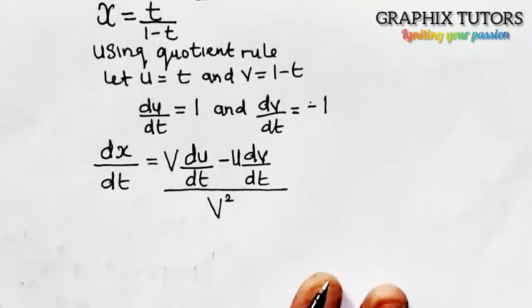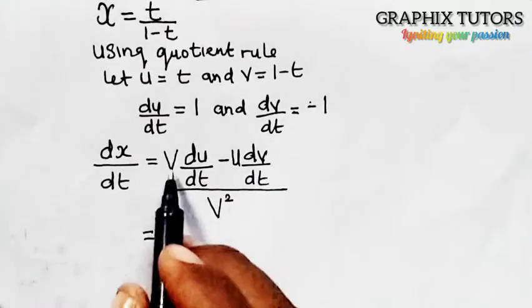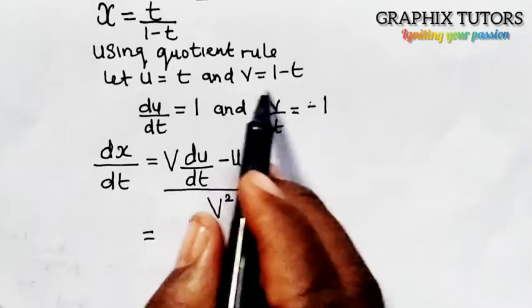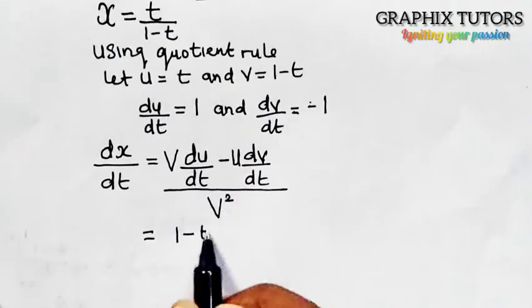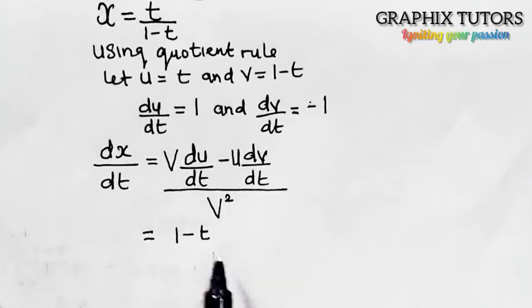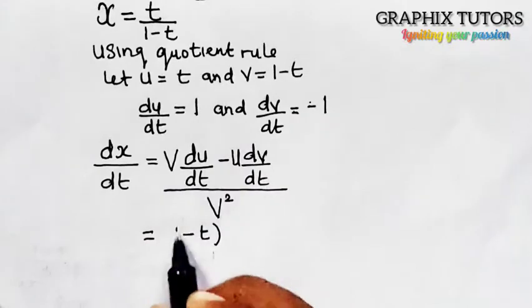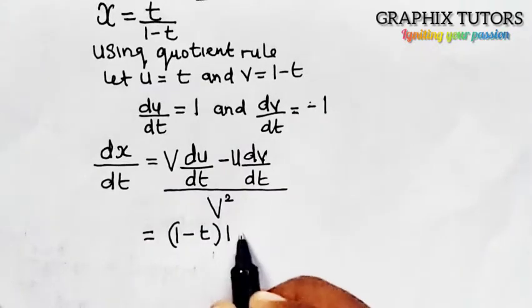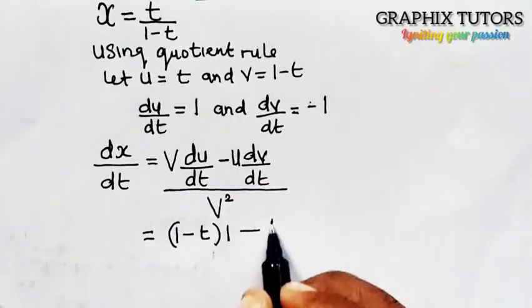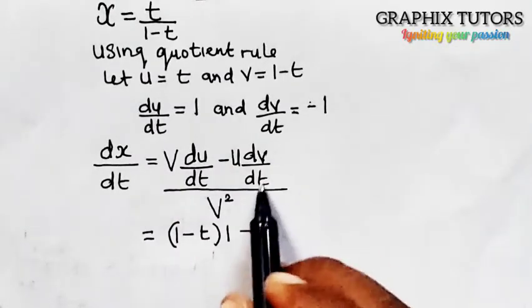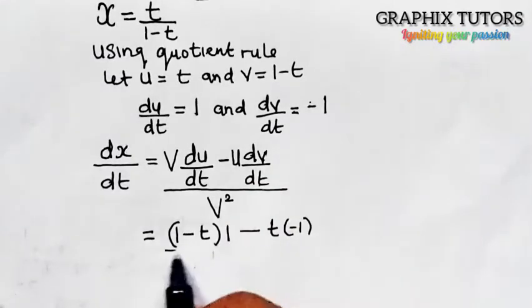So from here, v is 1 minus t. We have 1 minus t. Right? Then du over dt is 1. So this one multiplied by 1 minus t is giving us 1 minus t. Then dv over dt is minus 1, times u which is t.